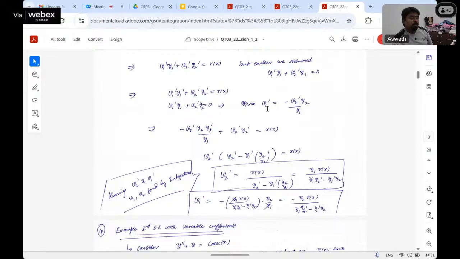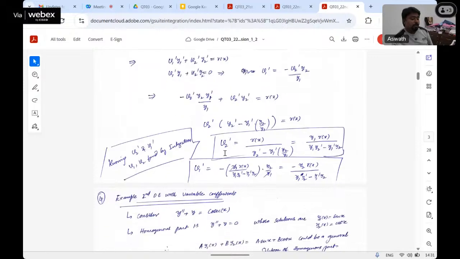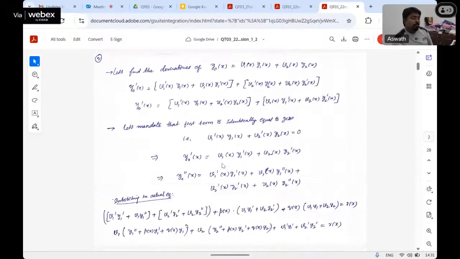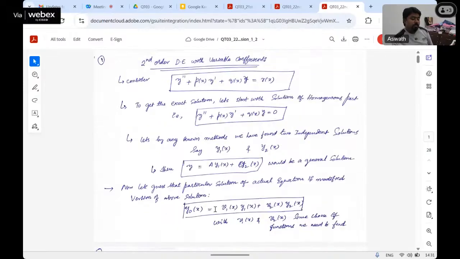First let's find v1' in terms of v2' and y1, y2, and substitute back into this equation to get v2'. If you carefully see, v1' and v2' are functions of y1, y2, y1', y2' and just r(x). Now having known the derivatives of v1 and v2, you can find the exact v1 and v2, and the moment you know v1 and v2, you can get the solution.